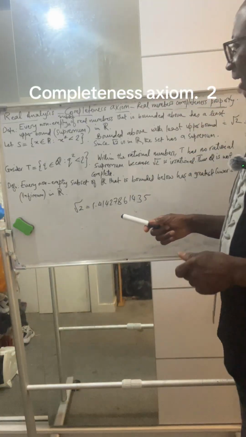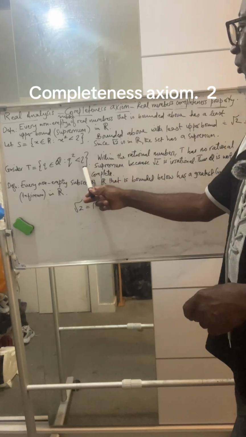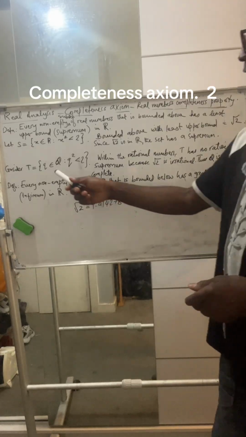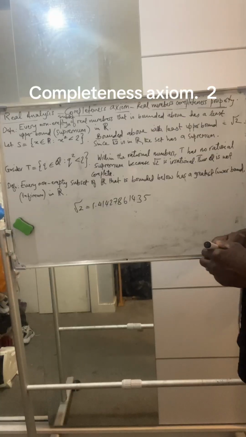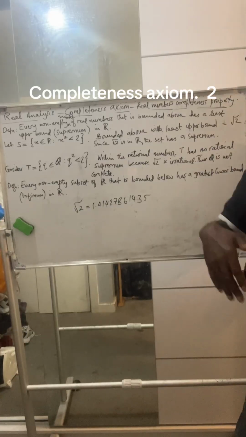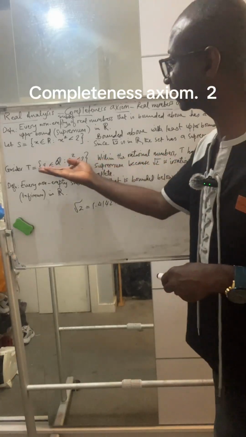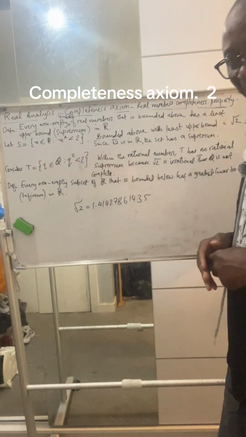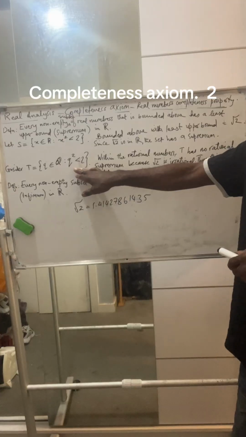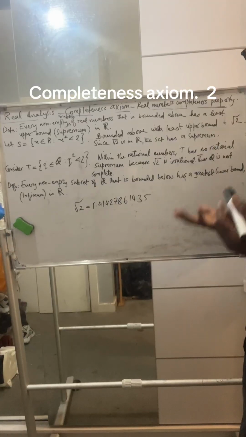So yes, although this is the highest number here, or it is bounded here, when you look at rational numbers, root 2 is not a rational number. We have done that proof. Root 2 is an irrational number. So root 2 doesn't exist in this set. This set is talking about rational numbers. But you cannot express root 2 as a fraction of integers.